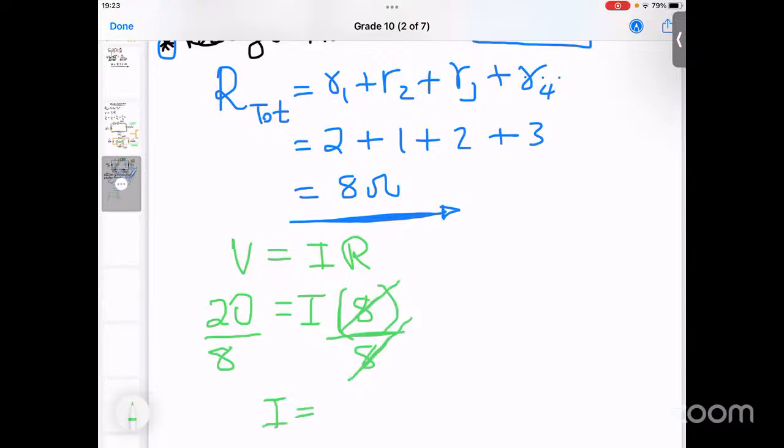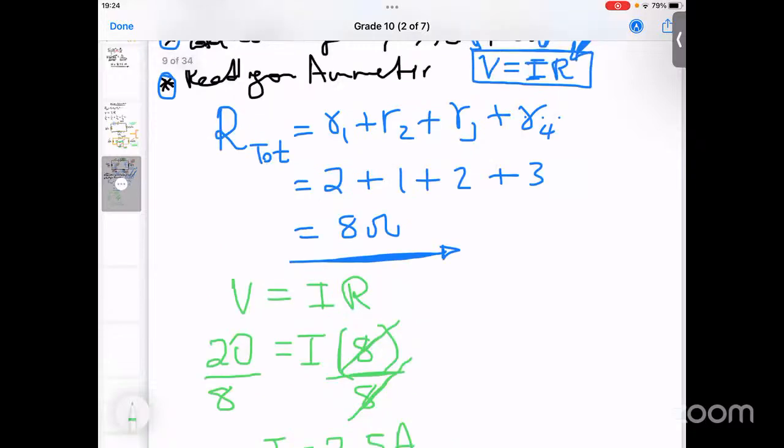And then you have 20 divided by 8, which is equal to 2,5. The I is measured in amperes, so every time you get an answer, you say A. So that means V is measured in V, I is measured in A, the amperes, and R is measured in ohms, the resistance in ohms.